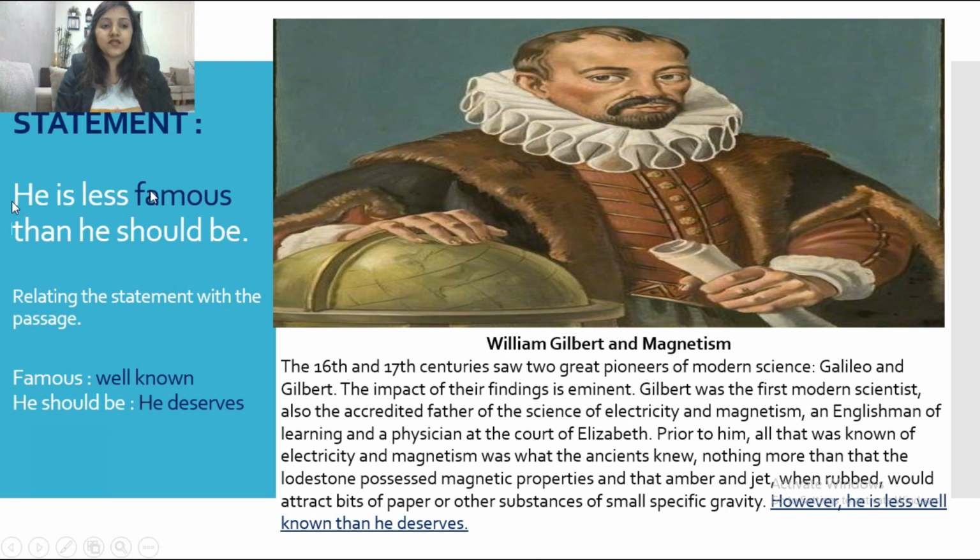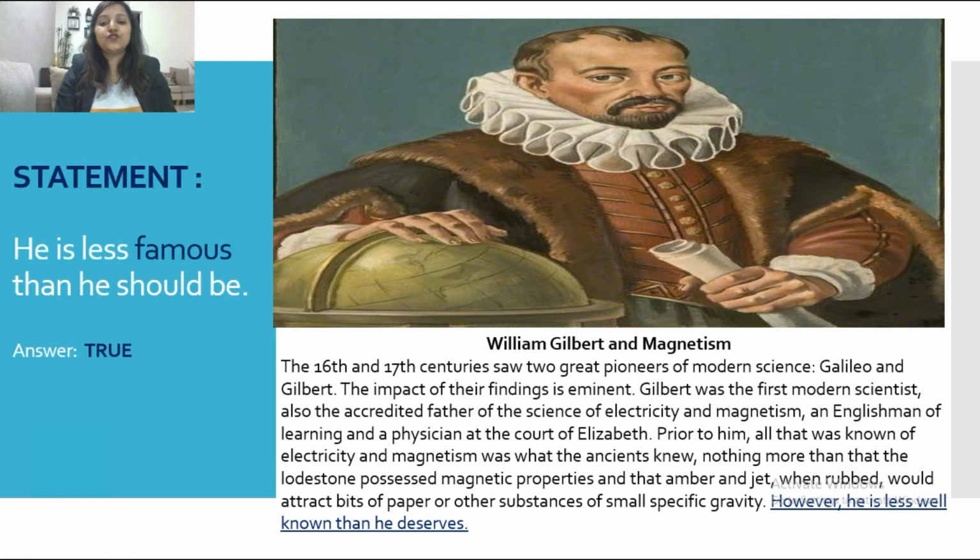So now let's paraphrase the statement. He is less famous. Instead of saying famous, we'll be using well known. Instead of saying "he should be," we'll be using "he deserves." So, he is less well known than he deserves. The statements are matching completely, and you know what the answer is now?